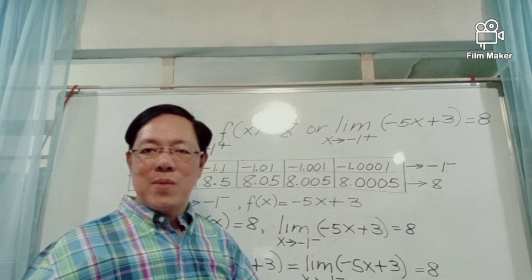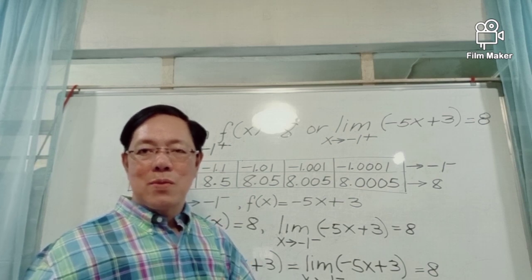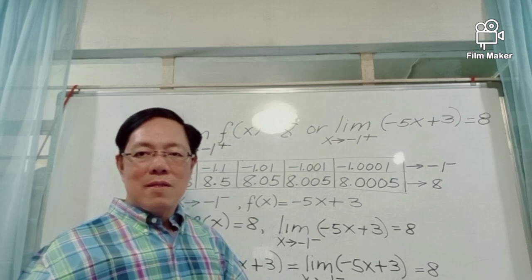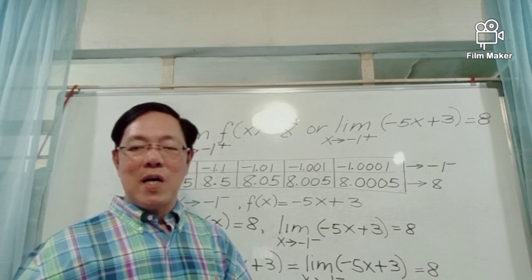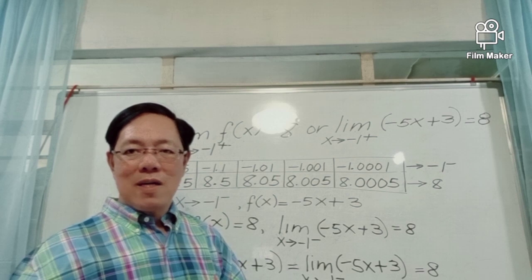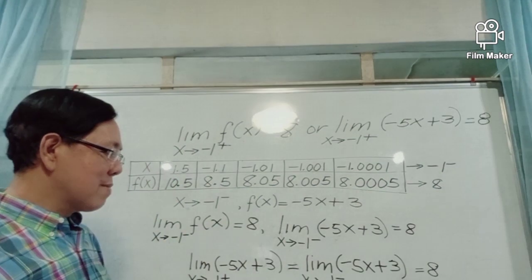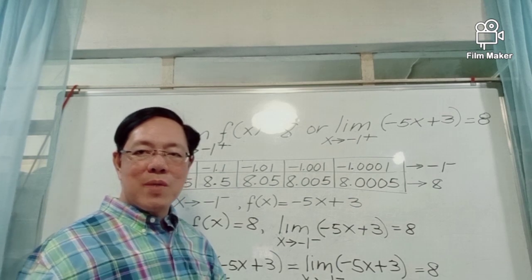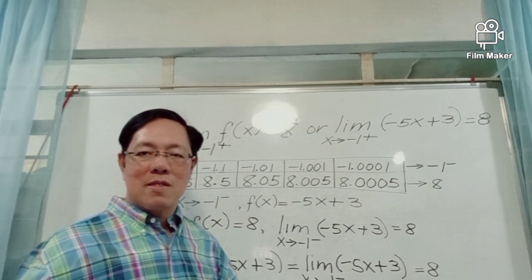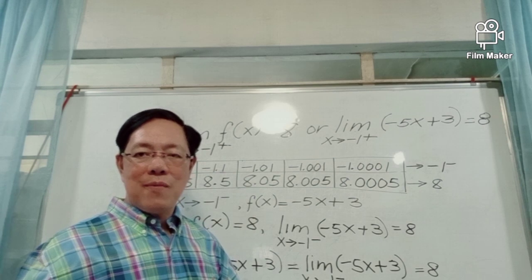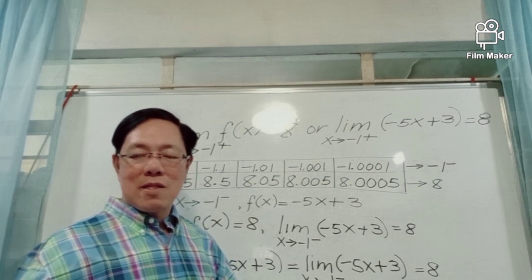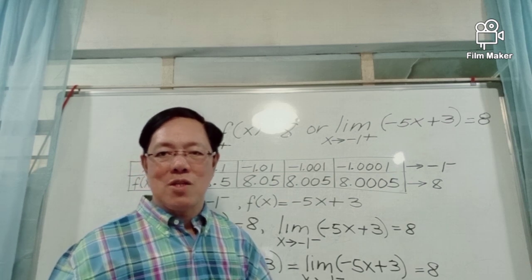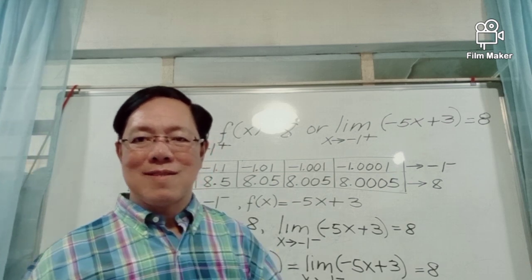If the right-hand limit is equal to the left-hand limit, then we say that the limit of the function exists. Again, if the right-hand limit is equal to the left-hand limit, the limit of the function exists. But if the left-hand limit is not equal to the right-hand limit, we say that the limit of the function does not exist.